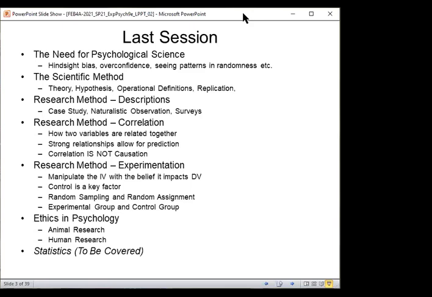From that theory, a hypothesis can be developed. That says if the theory is correct, given certain circumstances, we can predict what's going to happen in the future. And sometimes we have to operationally define certain terms.